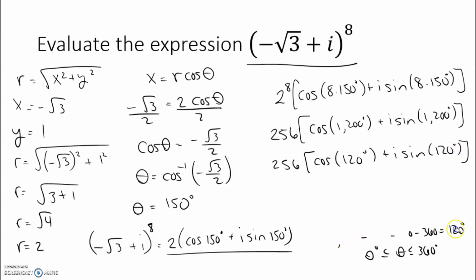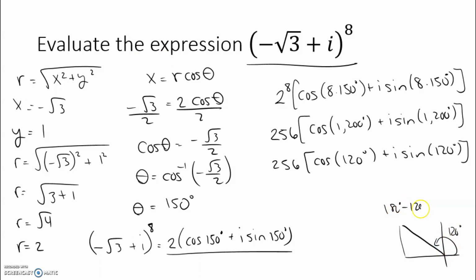Okay, let me get rid of this right here. What I need to find is, what is the cosine of 120 and sine of 120? So 120 is in the second quadrant. To get my reference angle, I'll do 180 minus 120, which gives me 60. So 60 right here, 30 right here, 90 right here.